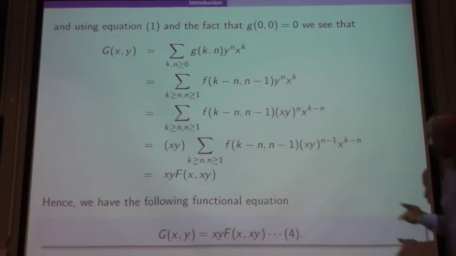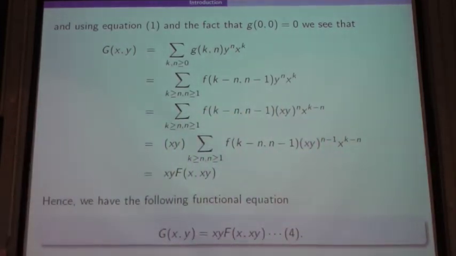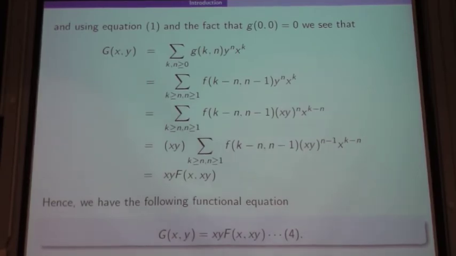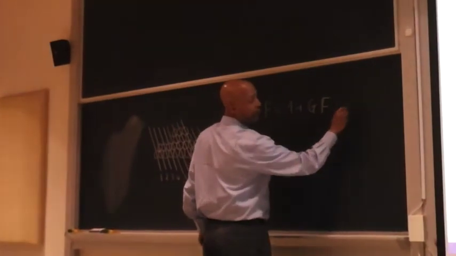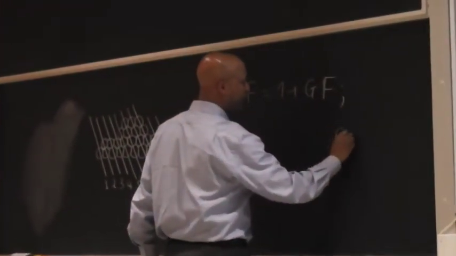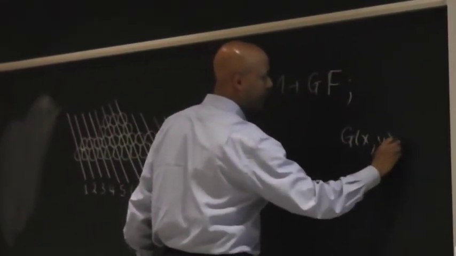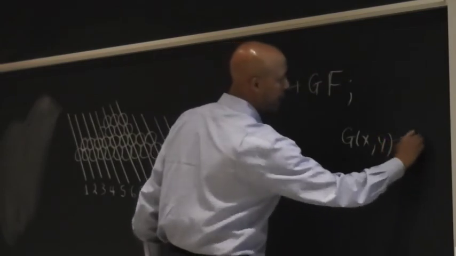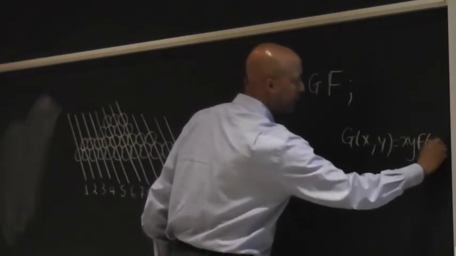Okay? So if we put the two together, f equals 1 plus fg, and the one that we just got here, g of xy, is equal to xy times f of xy.